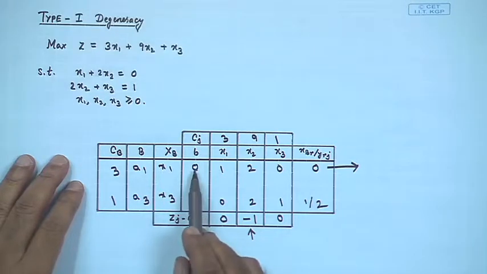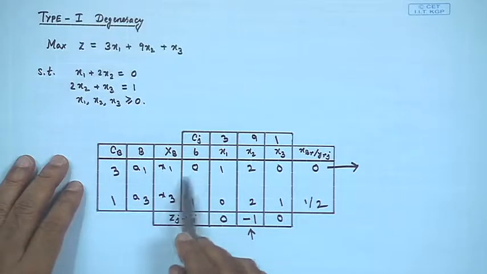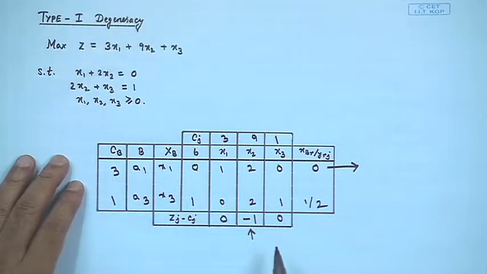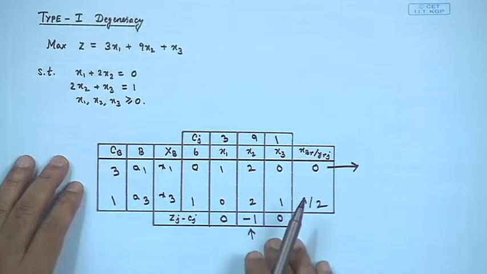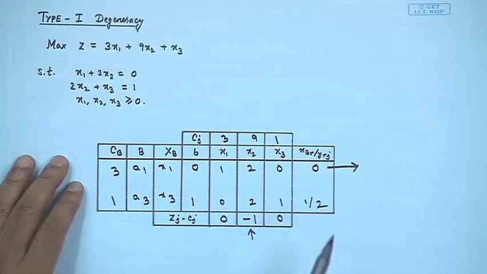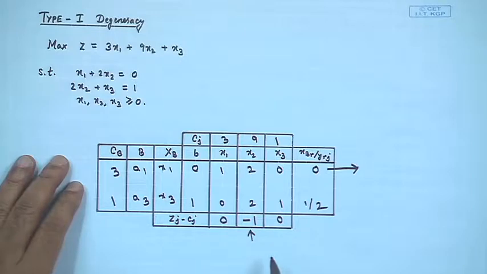This is type 1 degeneracy, whatever we have told. Initially we have seen that there is a basis and the value of a basic variable is taken as 0, so degeneracy occurs, but in this case you do not have to bother about anything, just proceed as usual to solve the normal problem.